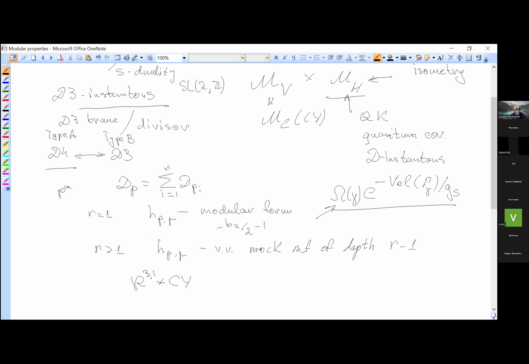In the case of instantons, from a physics perspective, it's also an object which lives in dimension 4 plus 0, yeah? So there is no time.